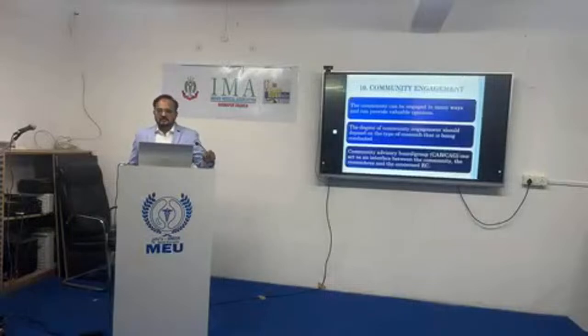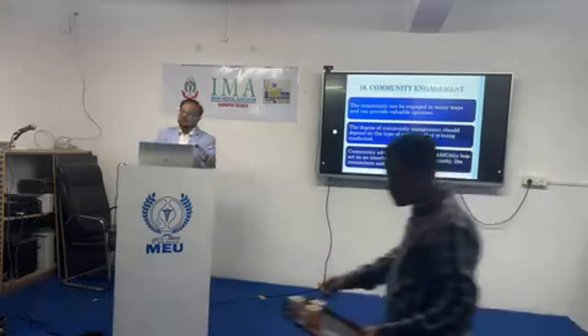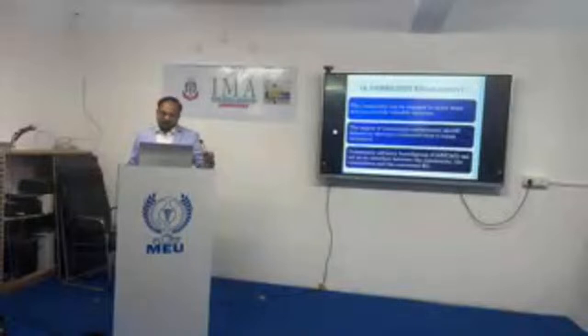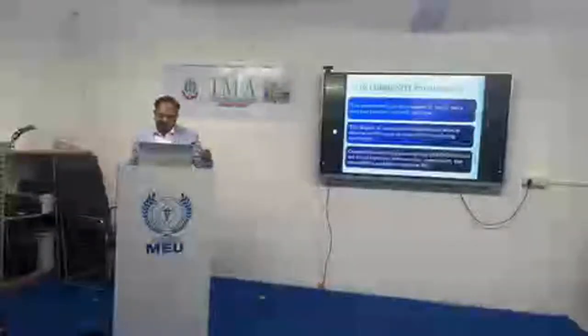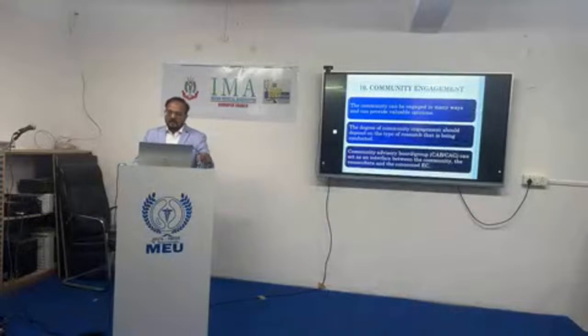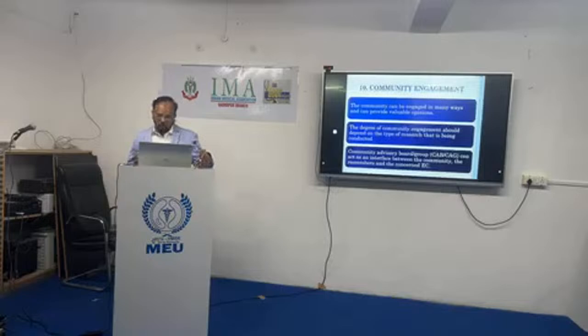Now, certain diseases are very common in particular communities, like thalassemia. So, if we are going to do a study in that community, then the community can be engaged in many ways, and it can provide valuable opinion. The engagement should depend on the type of research. A community advisory group can act as an interface between the researcher, ethical committee, and the community.